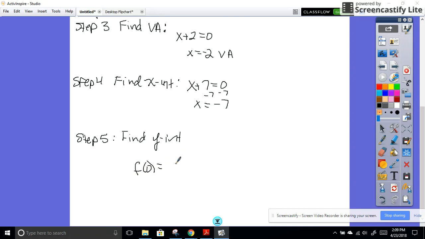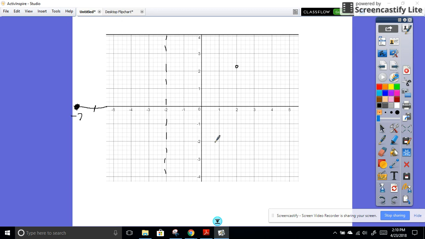So I have 0 plus 7 over 0 plus 2, which is 7 over 2. 7 over 2 is my y-intercept. 7 divided by 2 is about 3.5. So my y-intercept is at 0, 3.5, and there's my y-intercept right there.